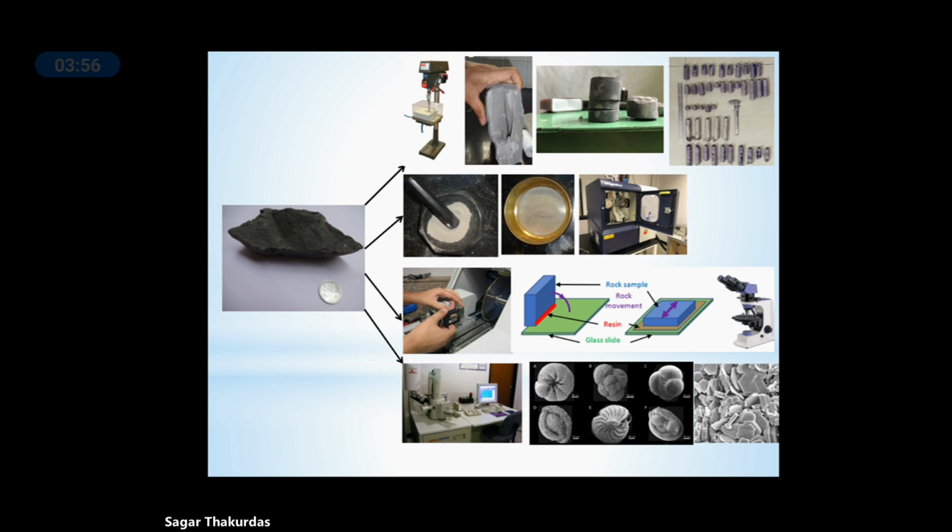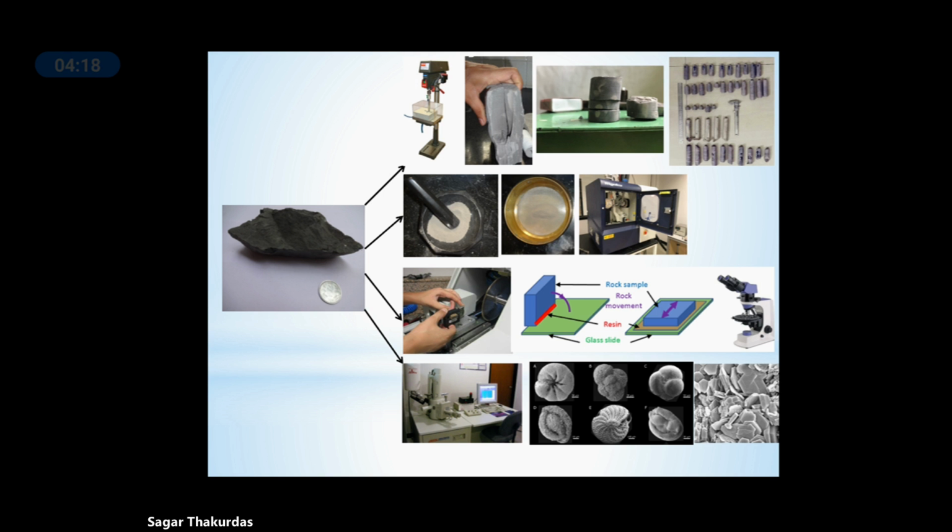Then in the end, if you look at the bottom, it gives you information about the scanning electron microscopy, SEM, analysis, which is carried out to see the microfossils or minerals in much more detail. You can take pictures at nanometer scale.